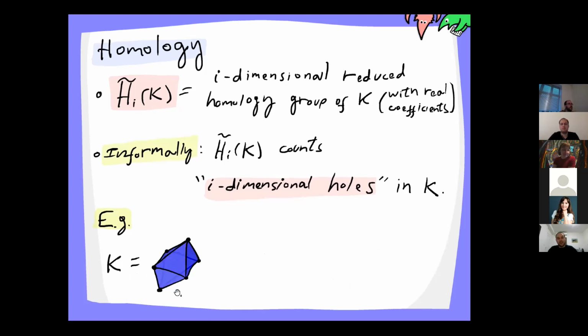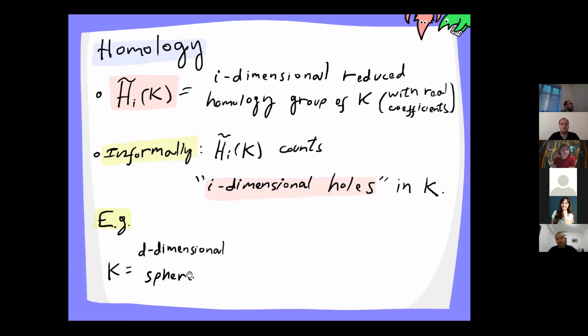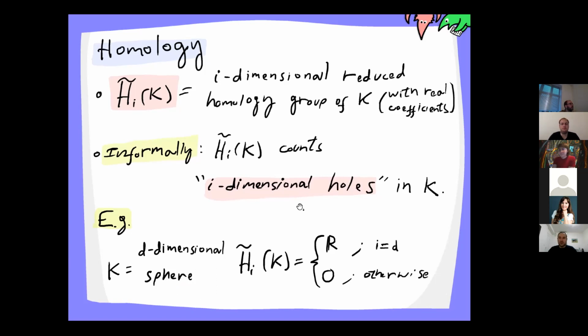If K is this two-dimensional sphere, it has homology in dimension 2, where the two-dimensional hole is this void enclosed by the sphere. In general, if K is a d-dimensional sphere, then it has homology in dimension d. And for most of the talk, this is the only fact about homology that we will need.